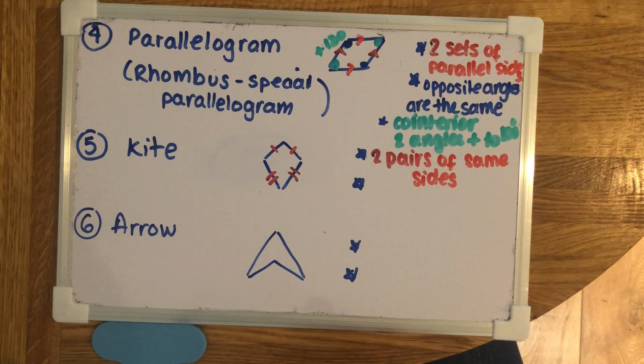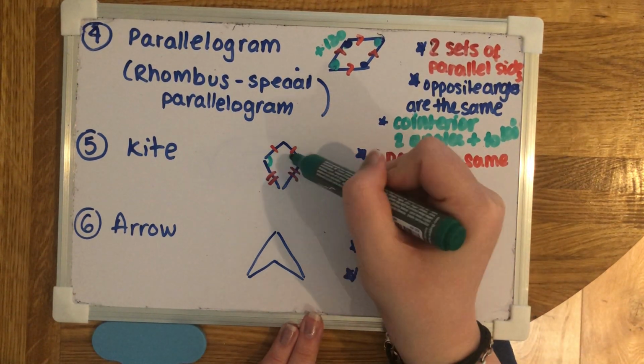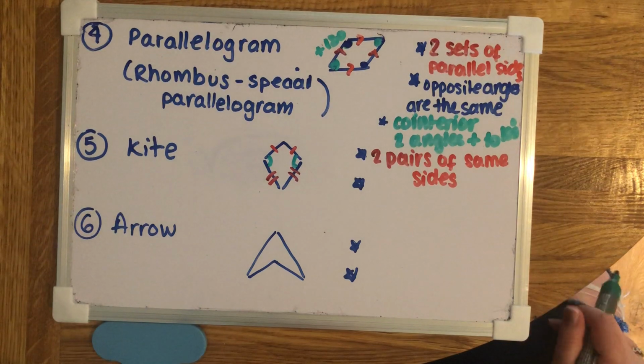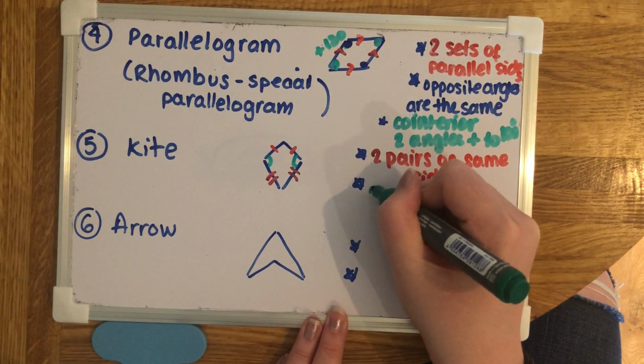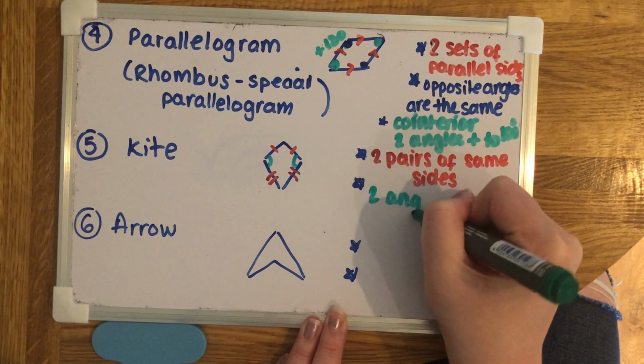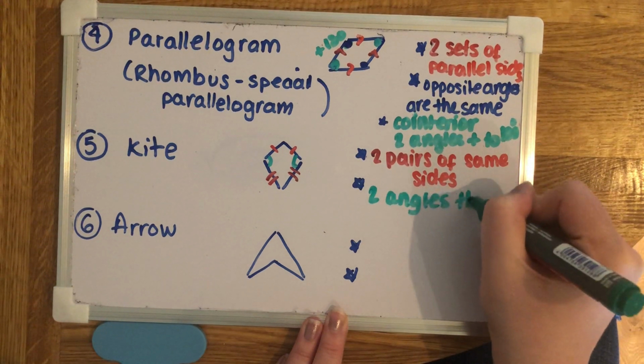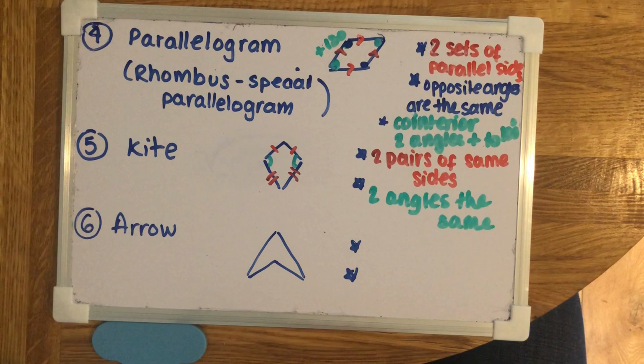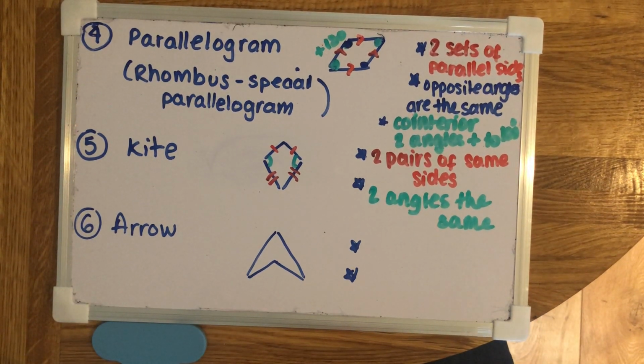Okay, another thing that's really important, again, we're focusing on the angles. These angles in the corners here, so they would be like the wide bits of your kite, if you imagine it flying, they are also the same. So two angles the same. Okay, this one doesn't have any parallel lines or anything like that. Okay, so these are just focusing on the lengths.